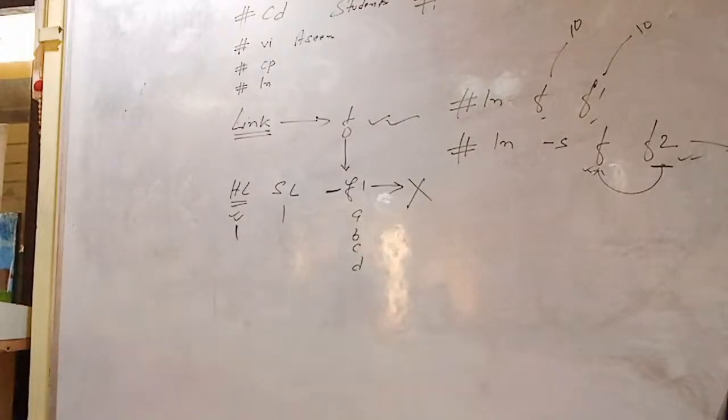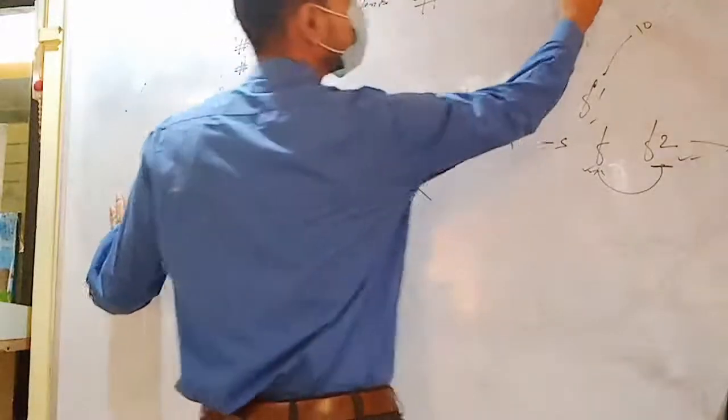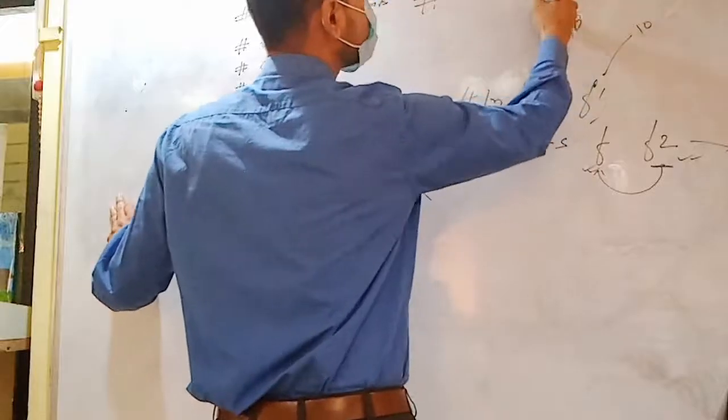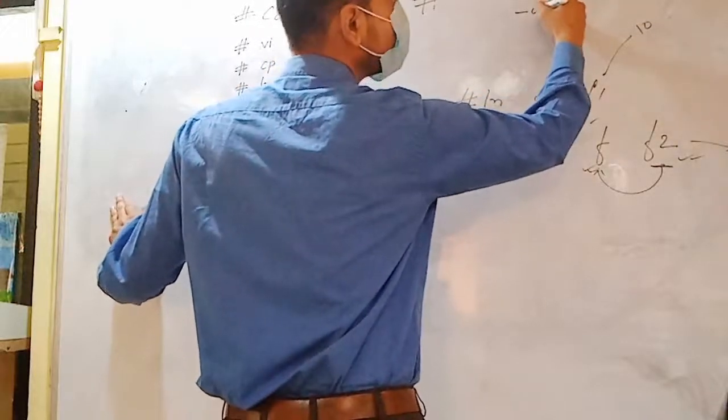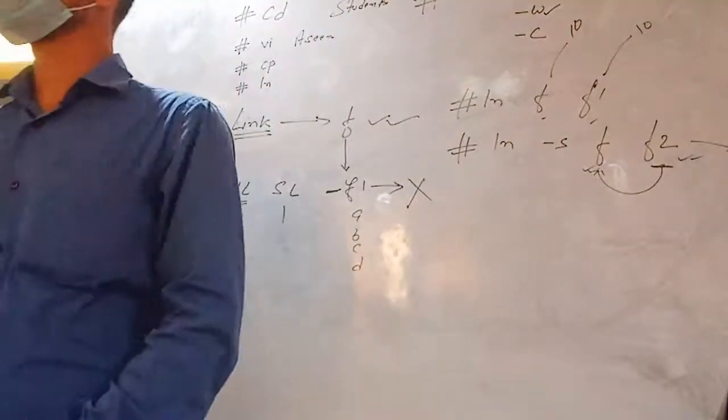If you specify the -l switch and then a file name, for example f, it will show only lines. -w shows words, and -c shows characters. Correct?